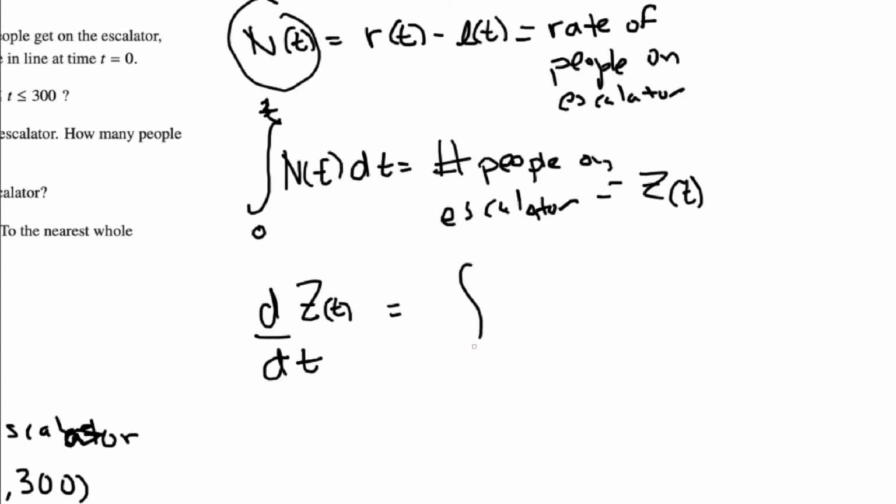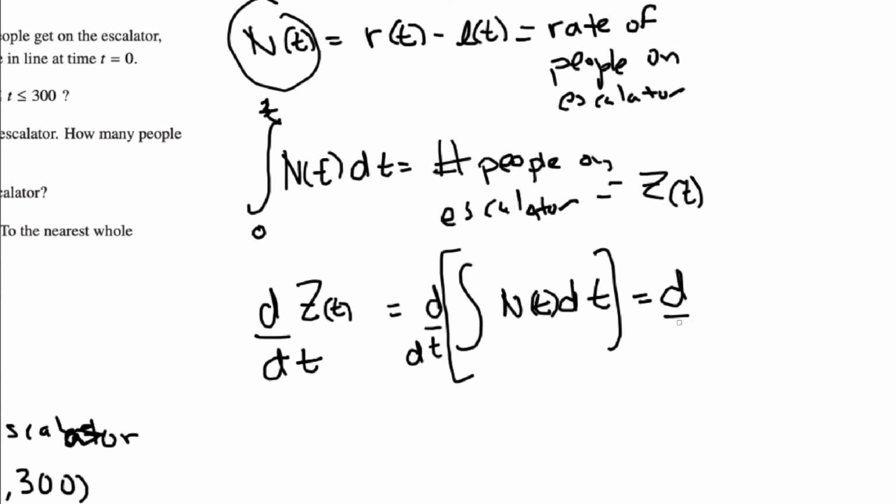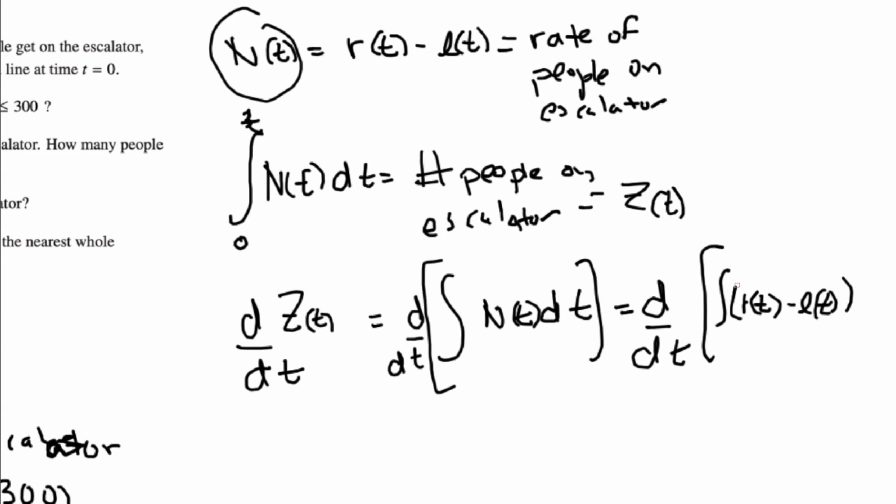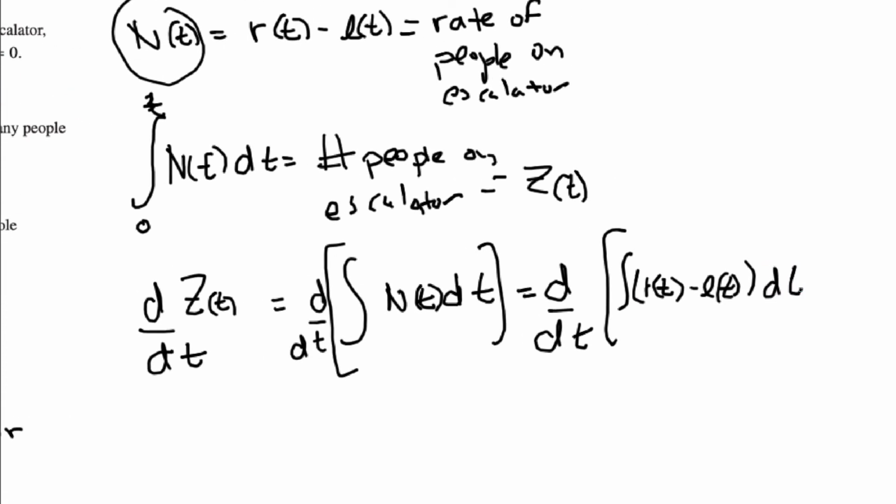We want the derivative of the integral of N of t dt, which is equal to the derivative of the integral of R of t minus L of t dt.